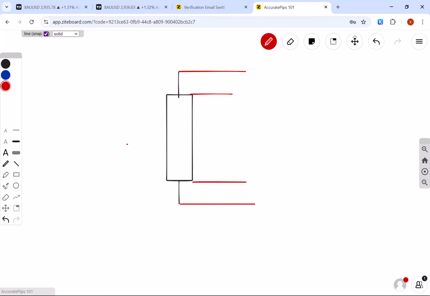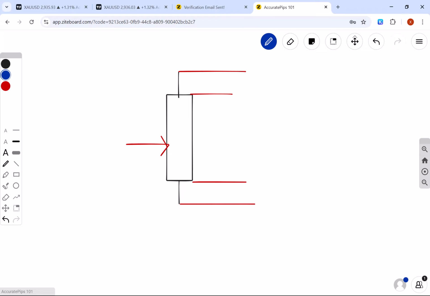I'm going to label each part for you guys. Good. Now, when we take this whole candle body, okay? When we take the whole candle body, all right, we are going to get different parts.